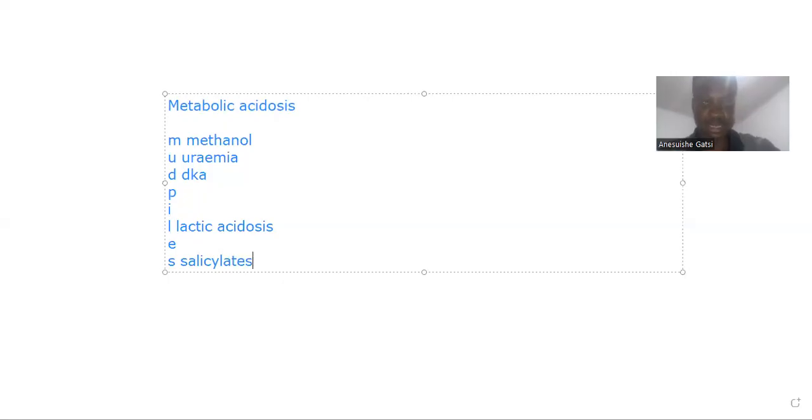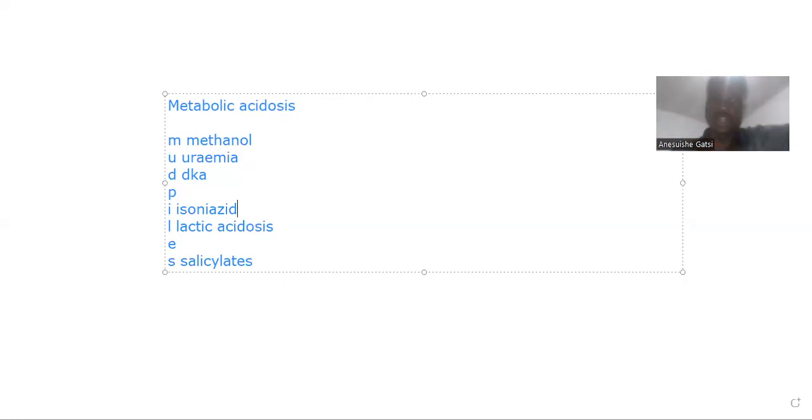Salicylates, then the I there is tablets. So we talk about isoniazid, part of TB medication, first line treatment, as well as iron tablets, but mostly isoniazid. Then the P there is, I think, propylene glycol. Then there is an E there, which is ethylene glycol, which I won't talk about.